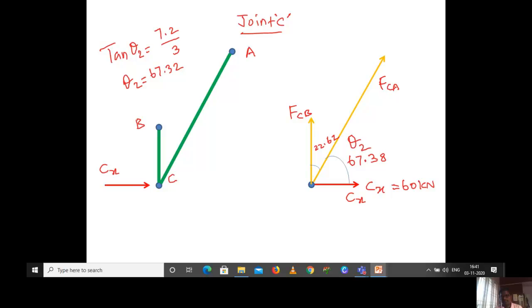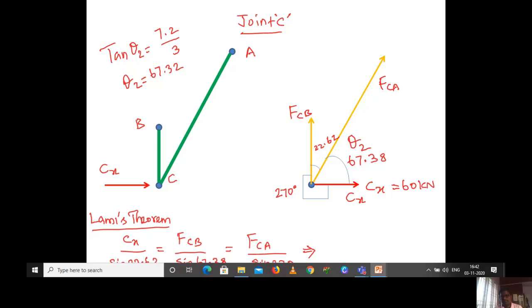Because Cx and FCB have 90 degree inclination, you can simply subtract 90 minus 67.38, and you will get 22.62. That is the angle between FCA and FCB. You can relate the angle between FCB and Cx, that is 270 degrees. By using this relation, you can substitute into Lami's theorem.